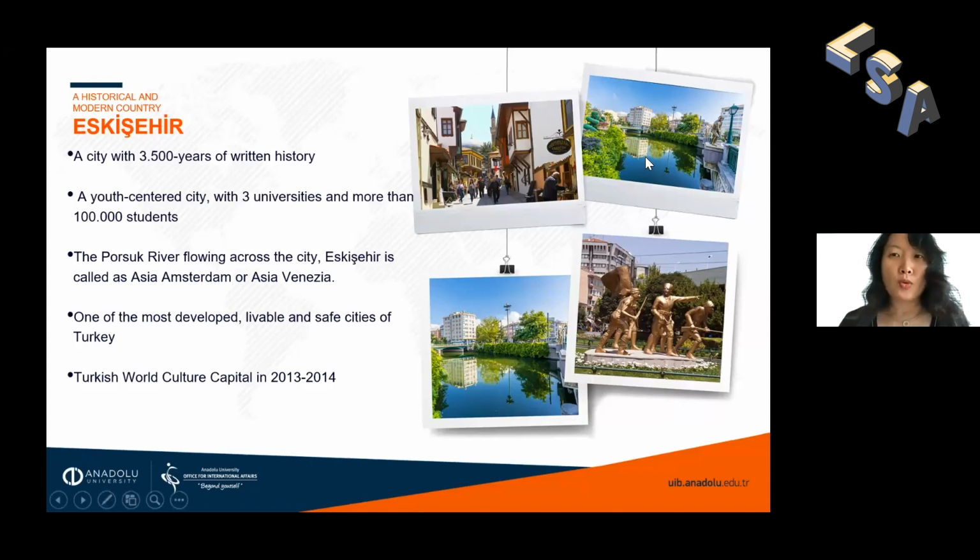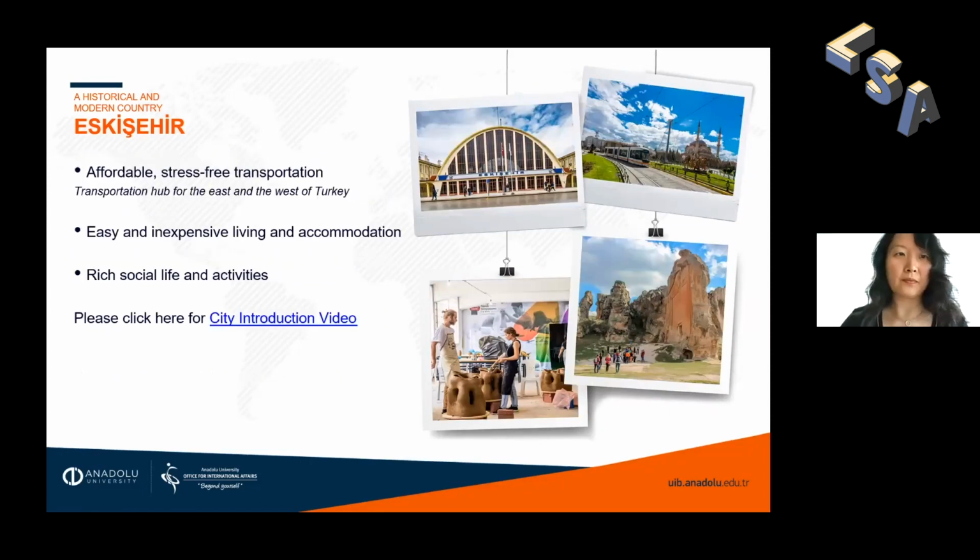There is the Porsuk river that you can see in the picture. The river is named Porsuk. This Porsuk river is flowing across the city. So Eskişehir is a very nice city and it's called Asia's Amsterdam or Asia's Venice. It is one of the most developed, livable and safe cities of Turkey, and was selected as a Turkish World Culture Capital in 2013 and 2014.